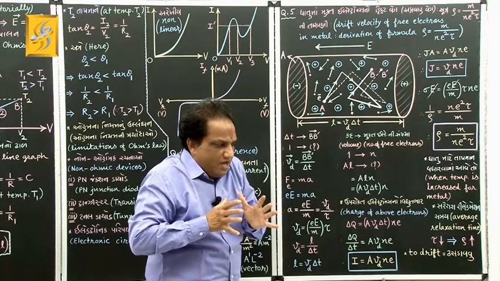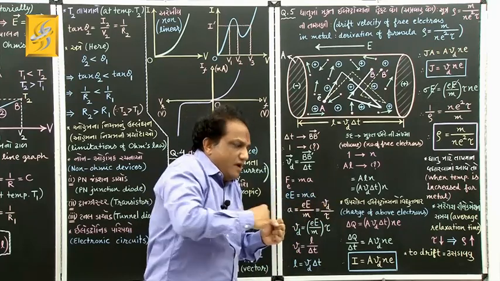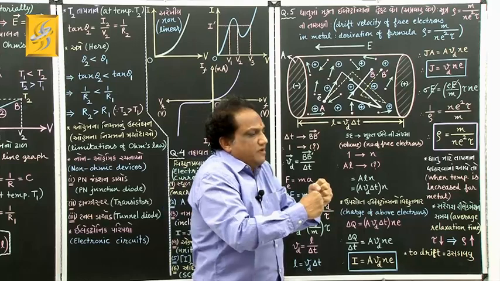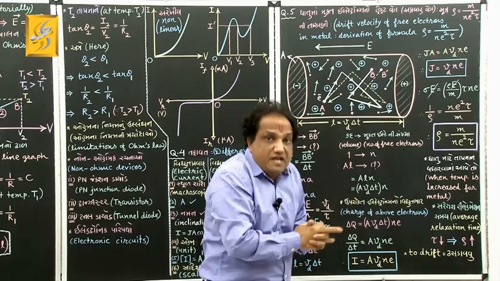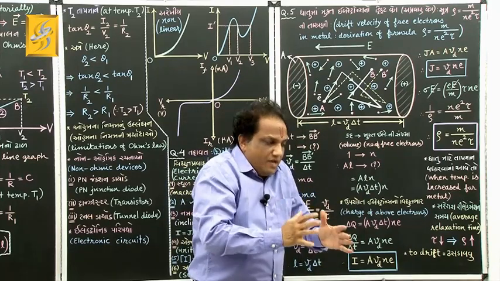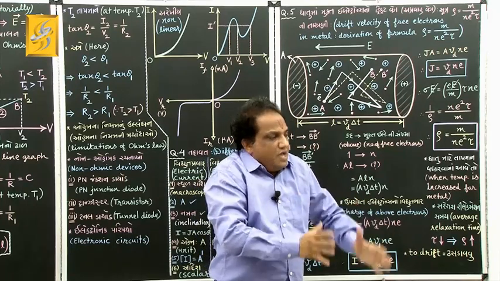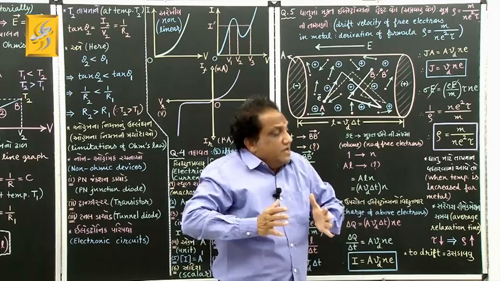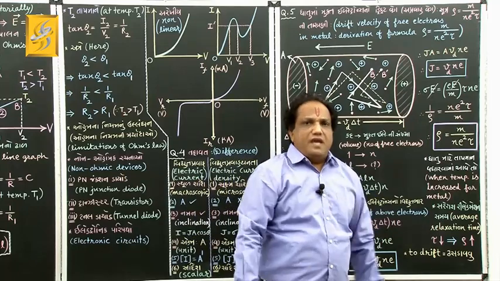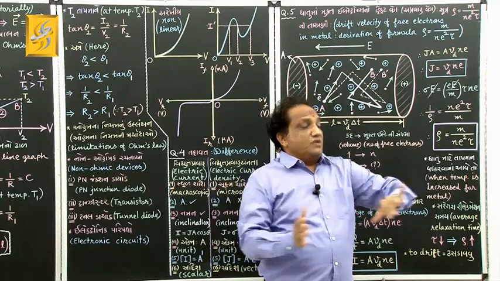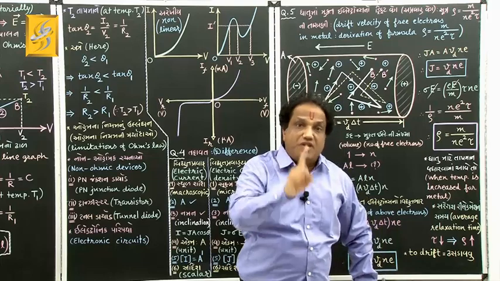And when electrons are moving, if they happen to collide again and again with the positive ions, then their motion is restricted and opposed, and with great difficulty they can move. And any motion which is carried out with great difficulty, we call drifting motion.